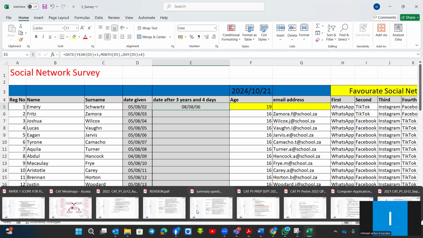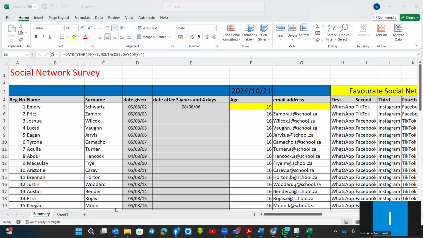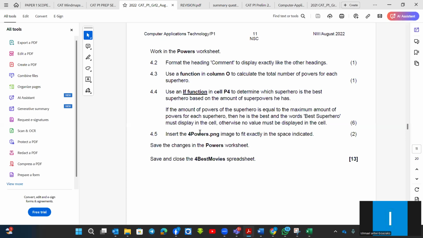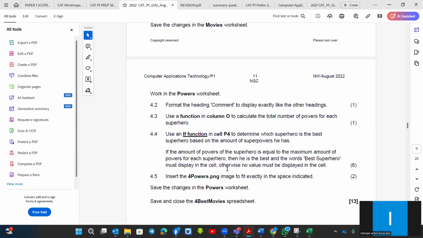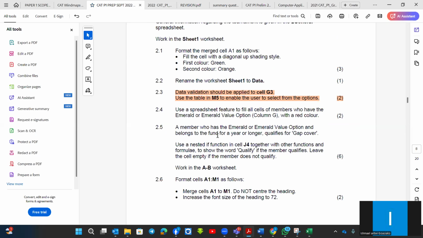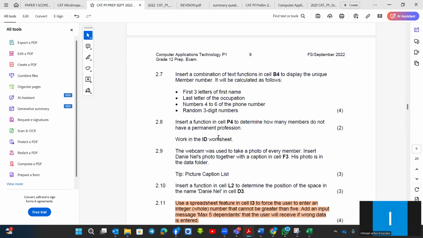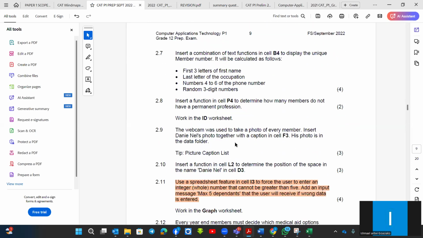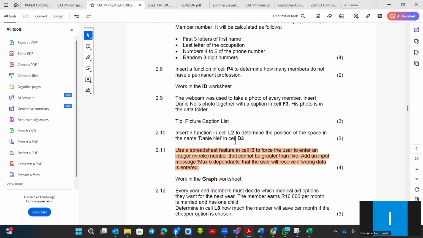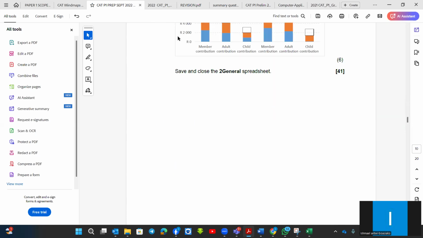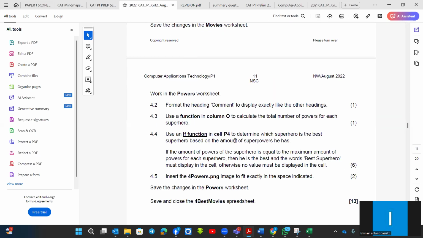And with the same breath, there was a question for 2022. I think it was Free State question number 2. Let's see if Free State question 2 has a question regarding the date. No, there's no date calculation.